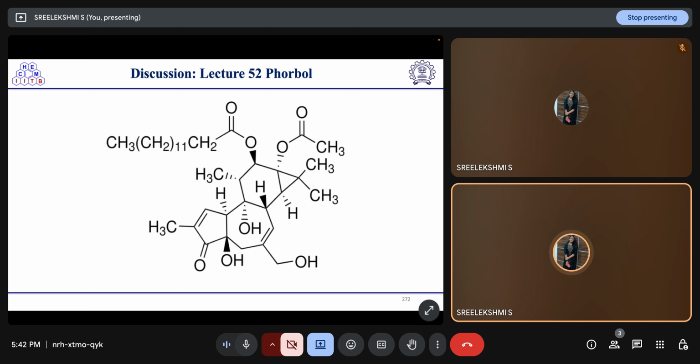Some of the key reactions involved in their total synthesis are the Achmatowicz rearrangement and the oxidopyrrolium alkene cycloaddition reaction, which was carried out to get the 5-6 fused ring system of phorbol. And they completed the total synthesis in 53 steps with 0.19% overall yield.